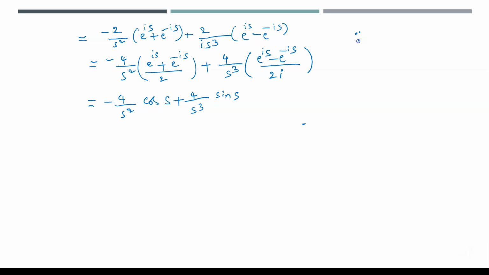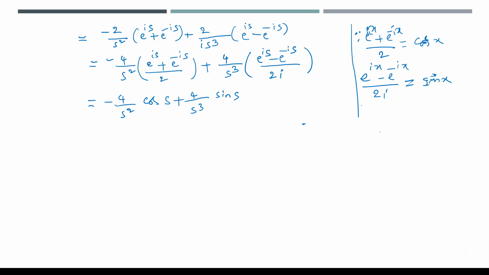Here, e power ix plus e power minus ix upon 2 equals cos x, and e power ix minus e power minus ix upon 2i equals sin x. So according to these definitions, we have converted these exponential terms into trigonometric terms using these definitions of circular functions.